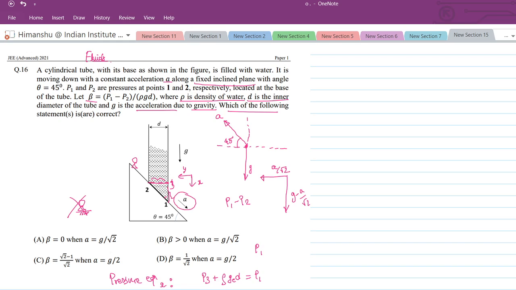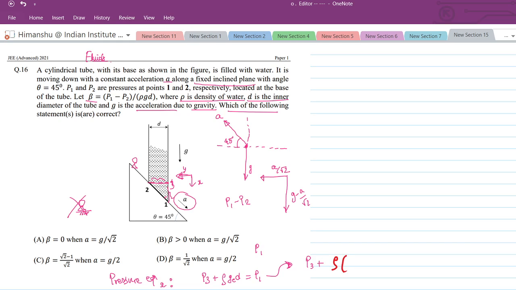In this direction the effective gravity is directed, so we are at 3, so p3 plus rho g effective into d equals p2.